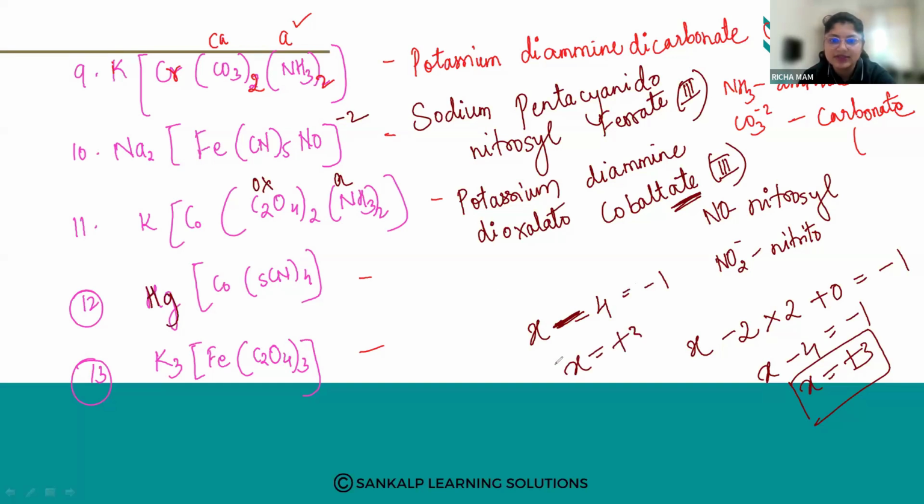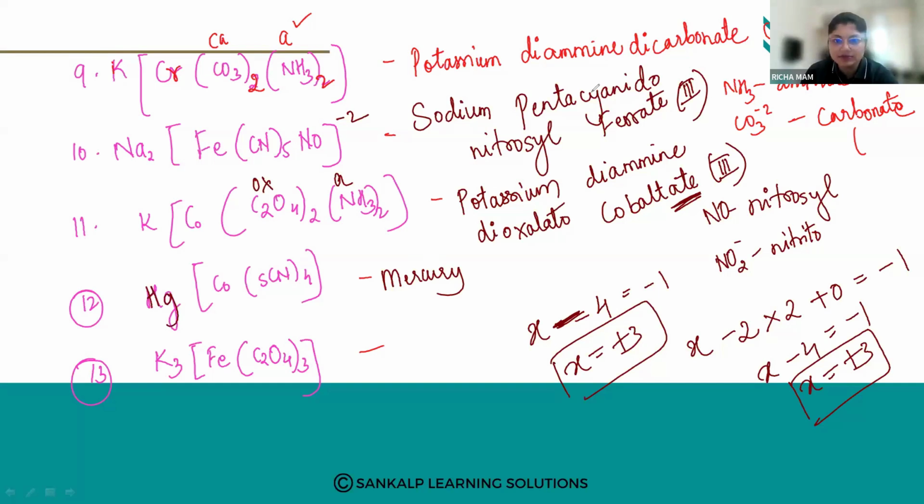So x is equals to +3. Okay. Write down, remove Hg, it will be -1. Okay. Tell me, what is the name? Mercury, okay. Mercury thiocyanate. Yes. Mercury tetrathiocyanate cobaltate 3. Very good. Yes, Yamuna, baby.